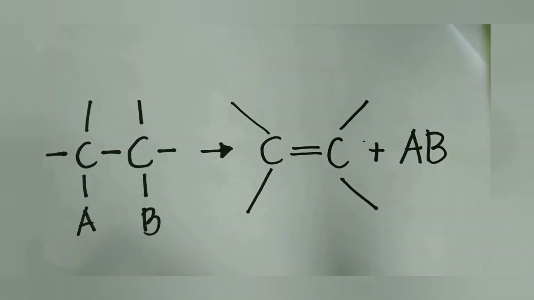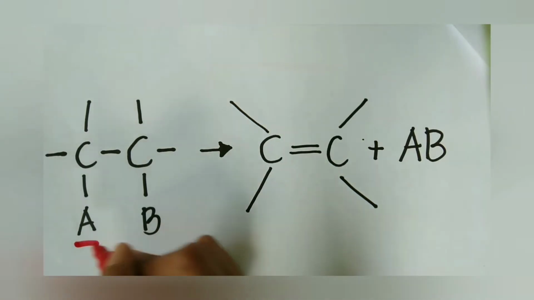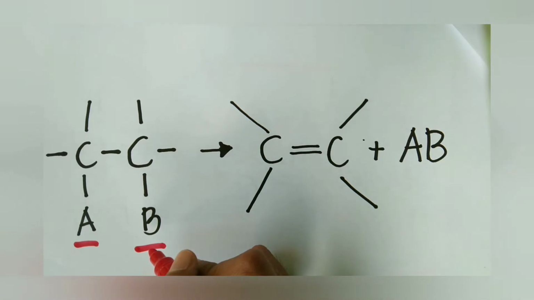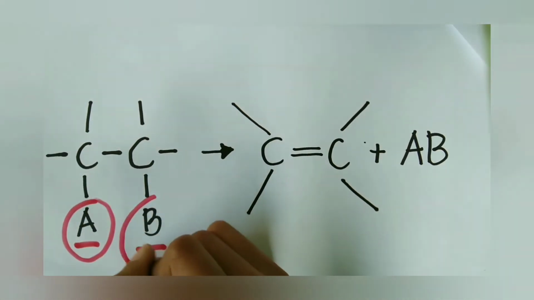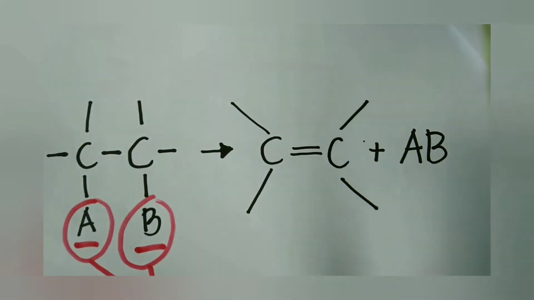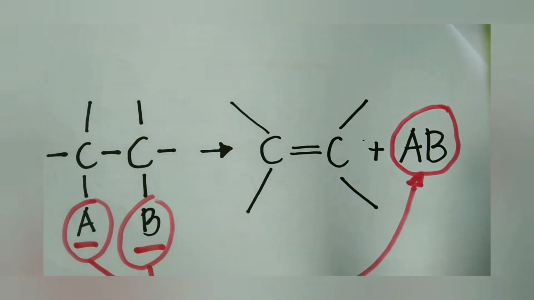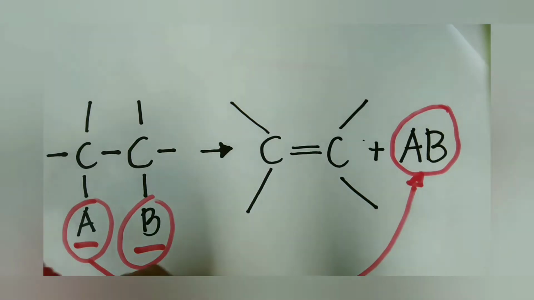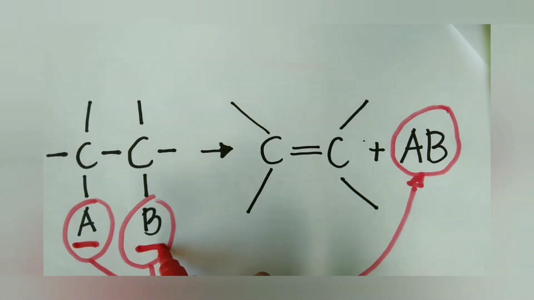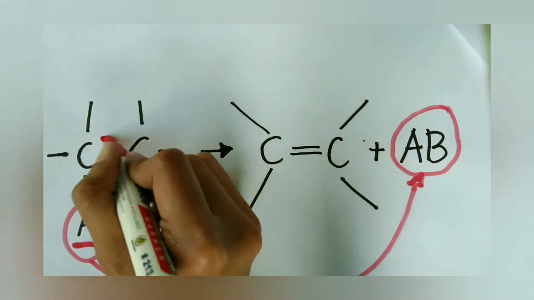This is the general equation of an elimination reaction, in which A and B are being removed or eliminated during the reaction to form AB. Both A and B represent an atom or group of atoms. Notice that when A and B are eliminated, the single bond becomes a double bond.